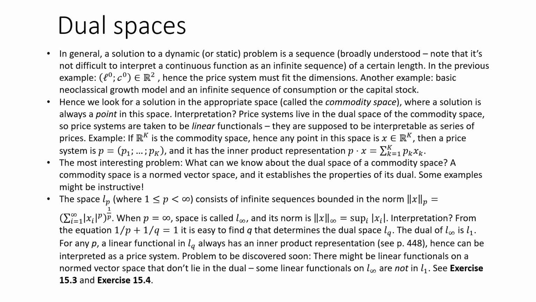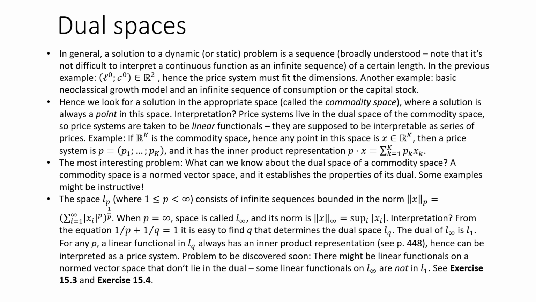So the price system was also a two-dimension vector. So the point I want to make is that the dimensions of the commodity space establish the dimensions of the price system. So the dimensions must fit.